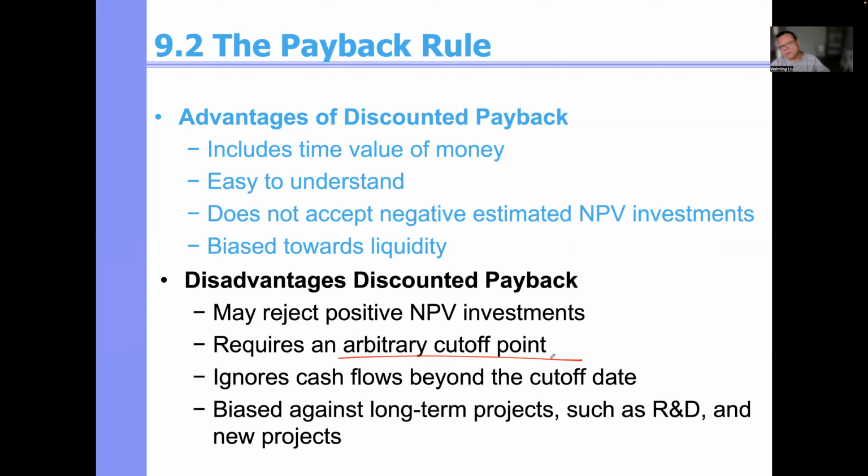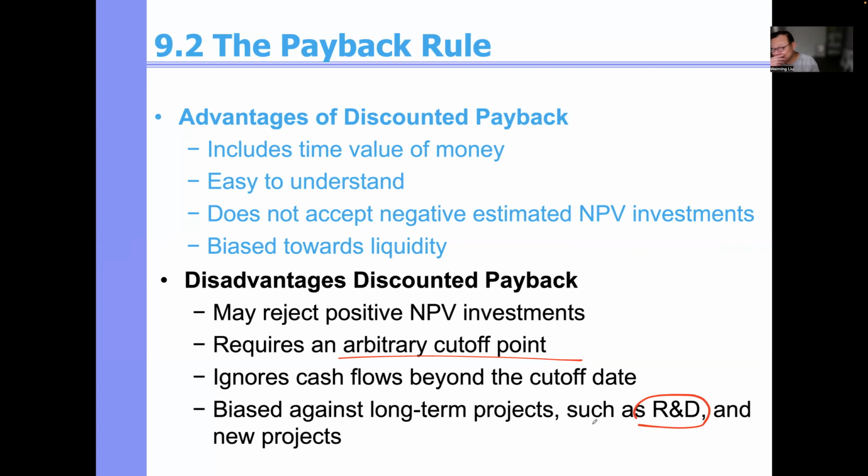It is biased against long-term projects. Long-term projects often lack cash liquidity, so in the beginning they are not getting a lot of cash flows back, because a long-term project takes a longer time to generate revenue. Let's say research and development, R&D.